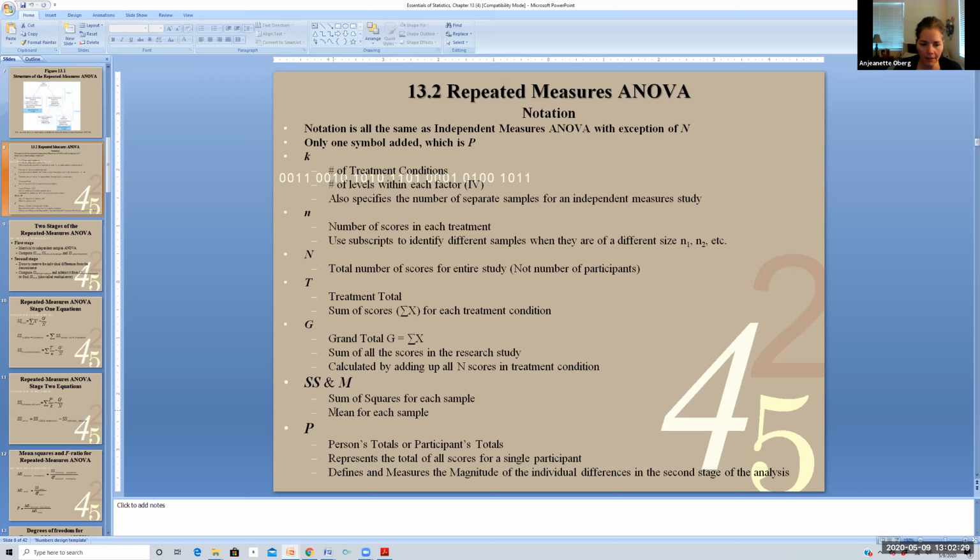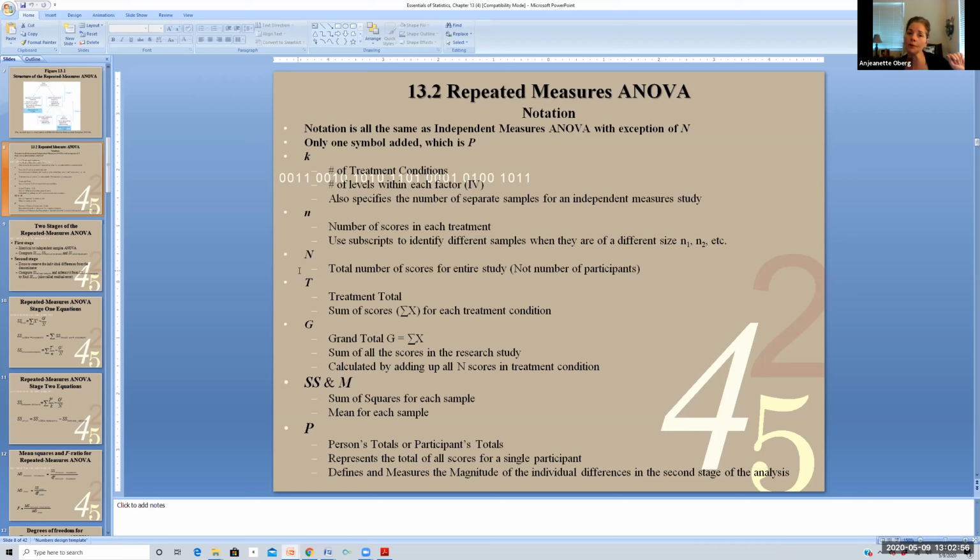Also let's distinguish our capital N. Before, our capital N in an independent measures represented the total number of participants, but since we have the same participants in each treatment condition in a repeated measures ANOVA or within subjects design, our capital N represents not participants, but the total number of scores.